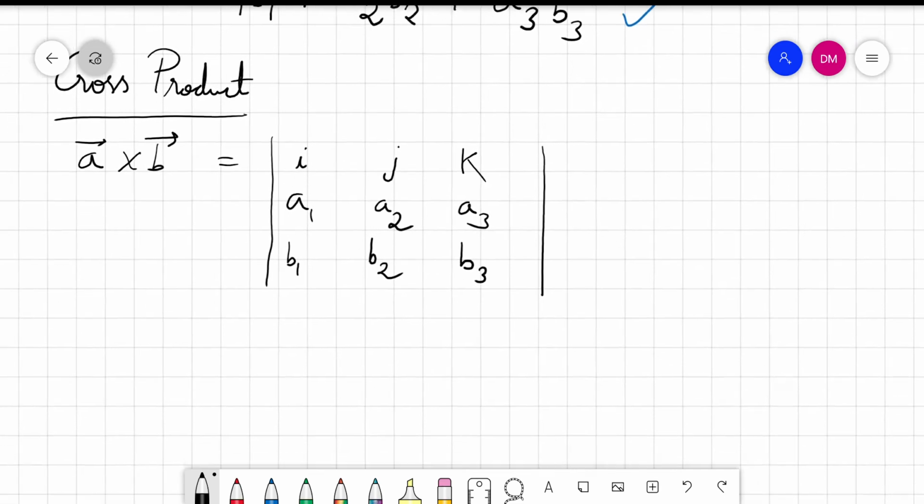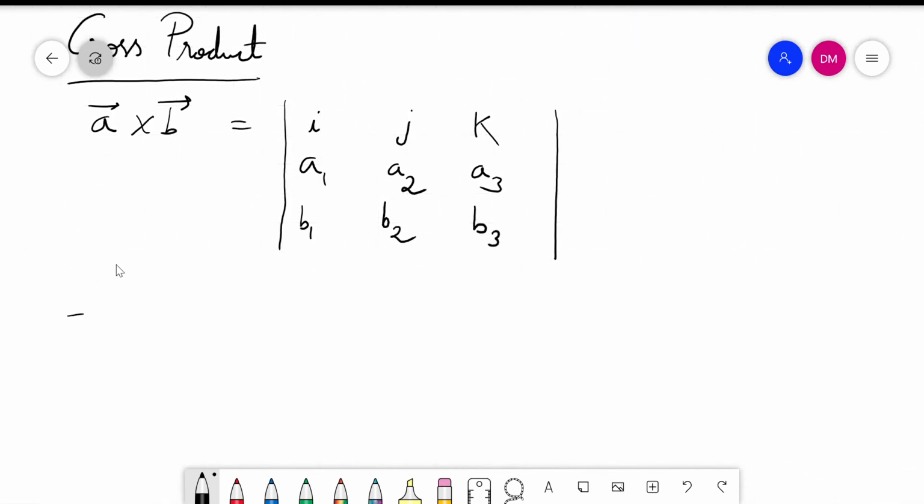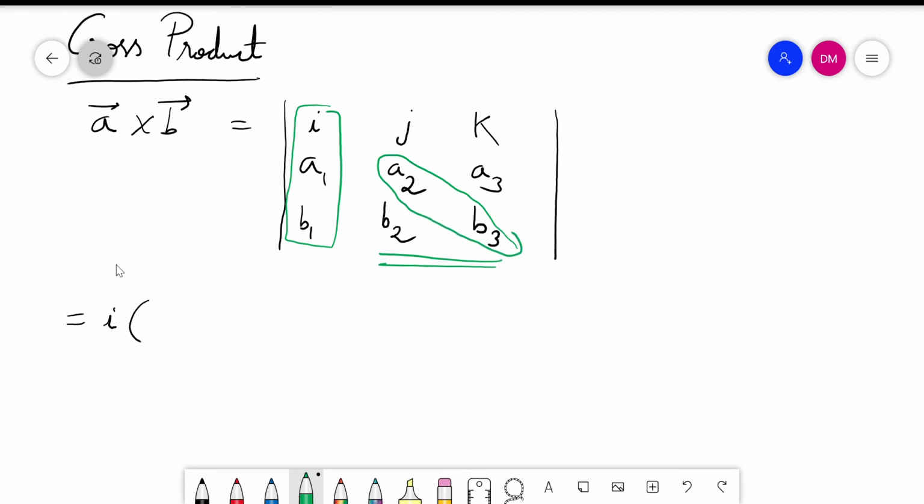Suppose first we take i. If we consider i, then we have to hide this part and consider this part, this into this minus this into this.